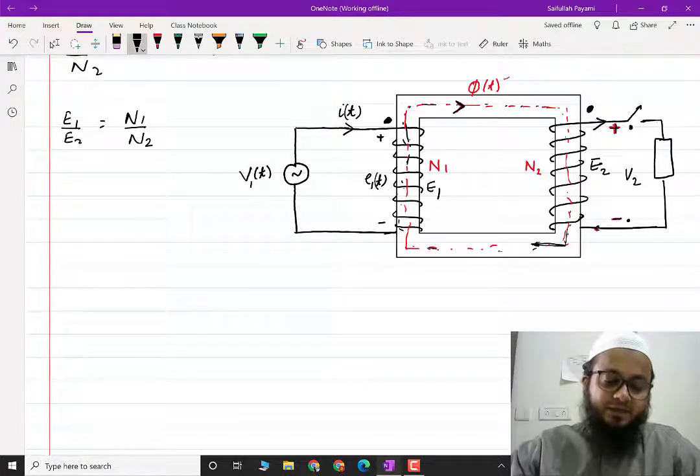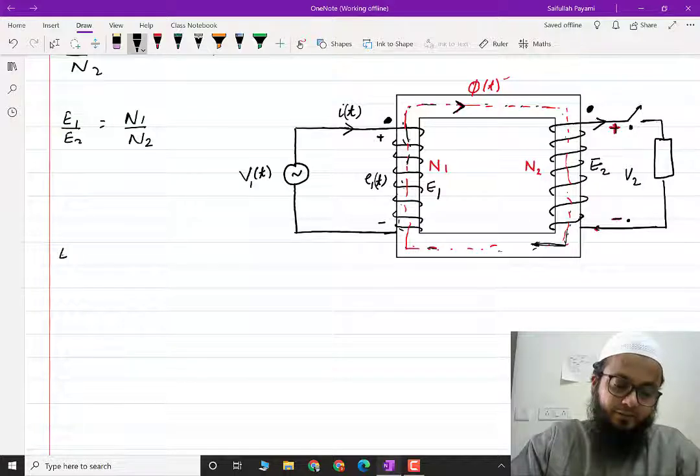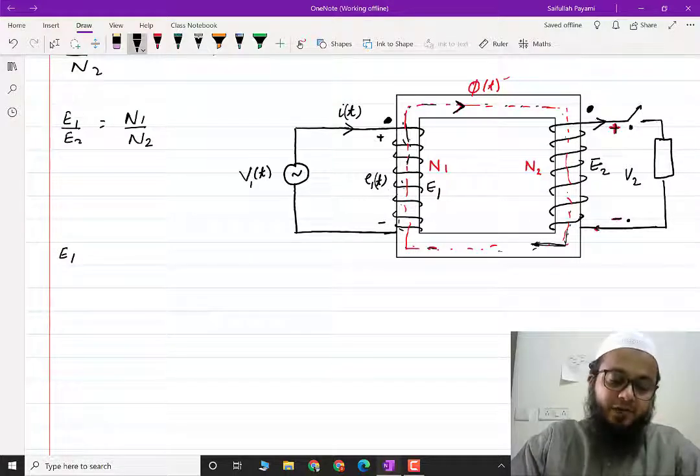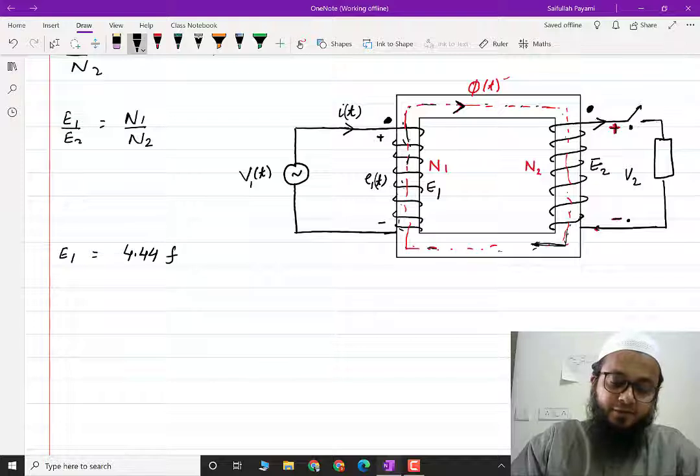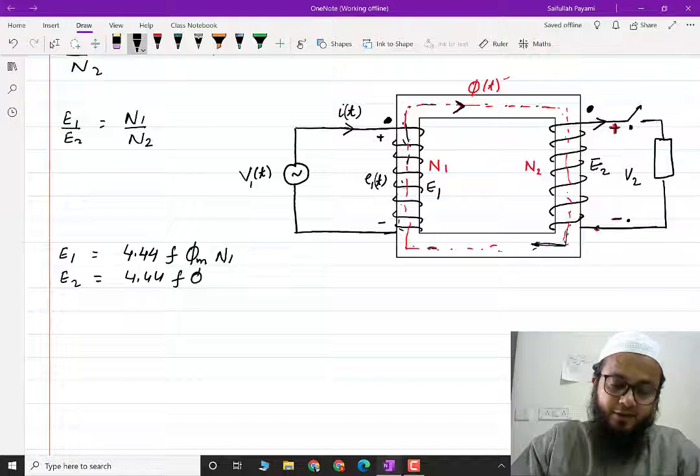We also saw that the RMS induced EMF on the primary side is given by E1 = 4.44 f phi m N1, and E2 is 4.44 f phi m N2.